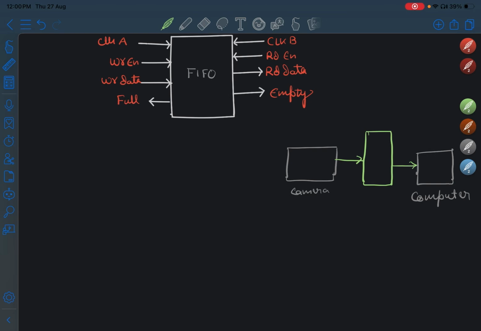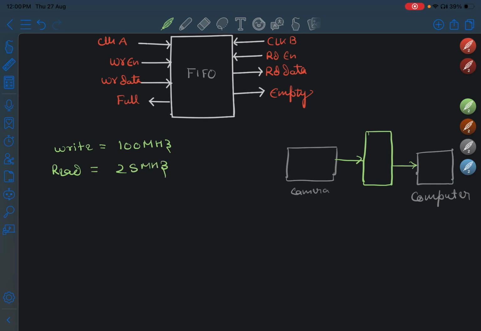The write clock is 100 megahertz and read is 25 megahertz.